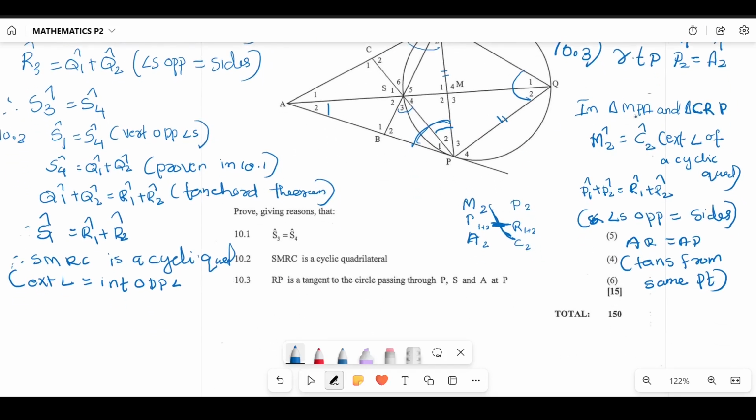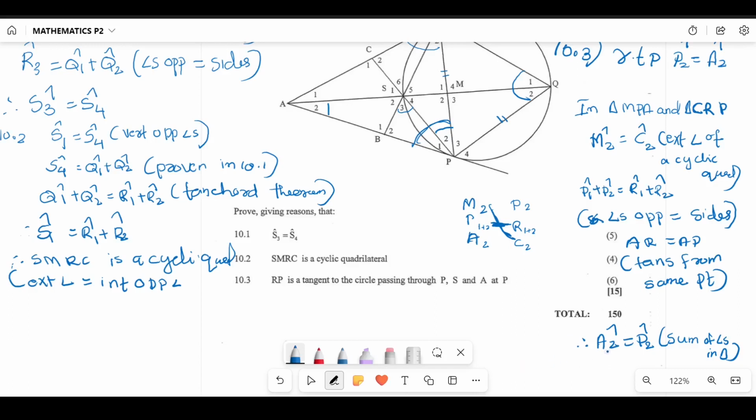So now in these two triangles, already we proved that two angles are equal. So automatically, therefore, A2 equal to P2. The reason is sum of angles in a triangle. In a triangle, if you prove that two angles are already equal, the third angle automatically becomes equal.